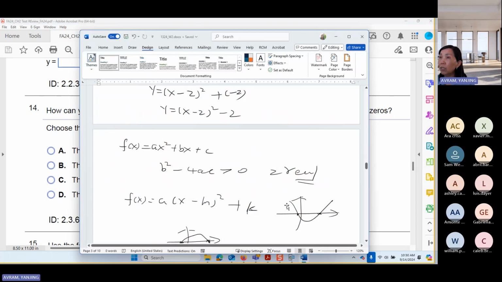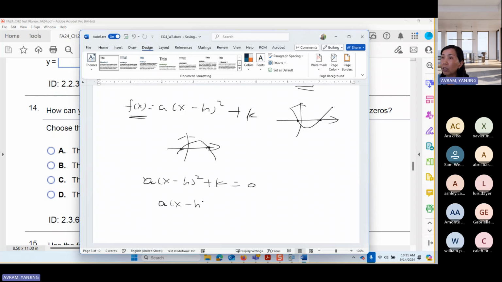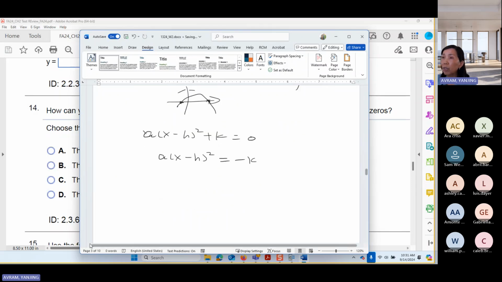So if I want this one to have two solutions, okay? If I am on the x-intercept, this whole thing will be 0. Okay, my y will be 0. All right, so if I solve for this one right here, this will be equal to negative k, right? And then that means my (x minus h) squared will be negative k over a. All right.